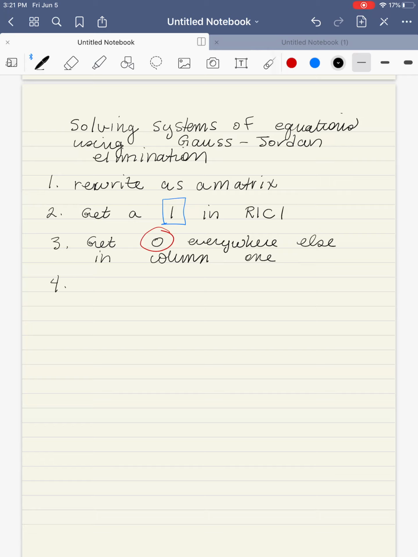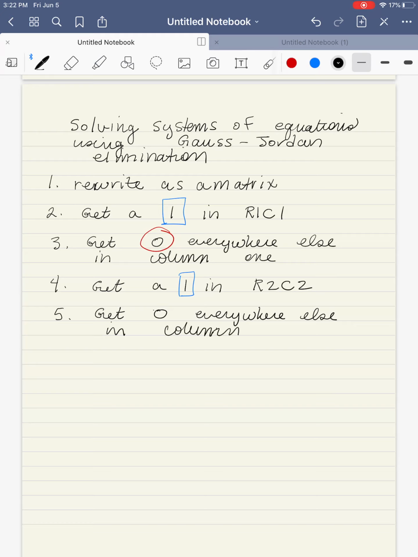Then we'll move to column 2, and we will get a 1 in row 2, column 2, moving down the diagonal. And then we will get zeros everywhere else in column 2. It's very, very important that you follow these steps in exactly this order so that you don't mess up what you've done behind you.